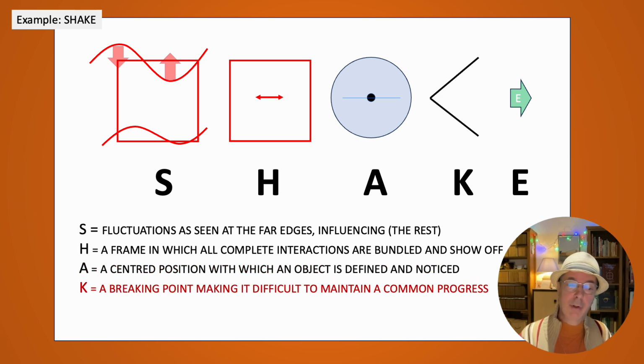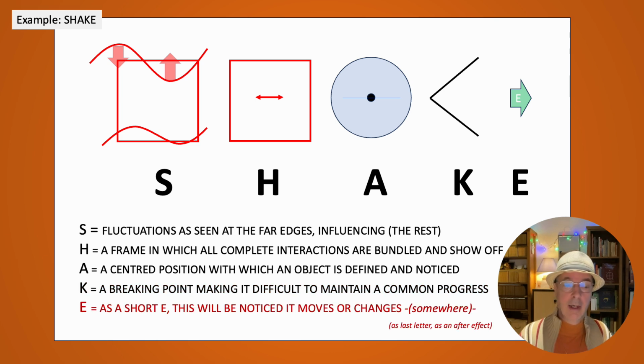I have a breaking point, which makes it difficult to maintain a common progress. And the E, I always say, involves some moves or changes, as a kind of after effect or background effect, that it is also involved in time, as I said.